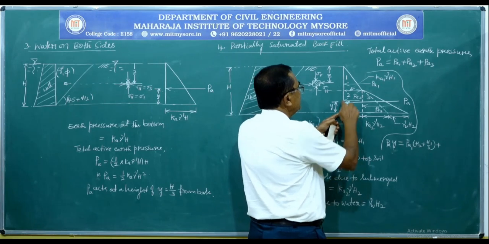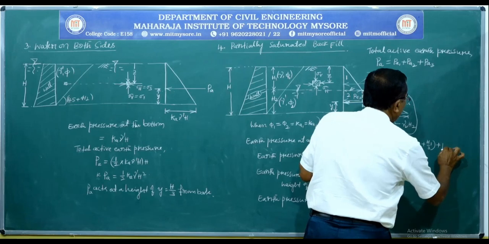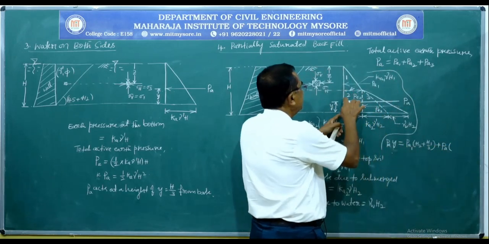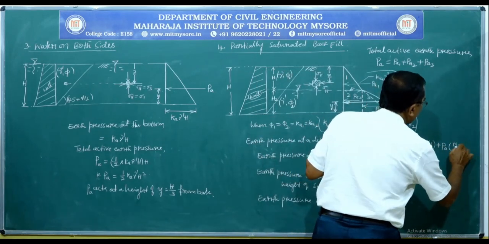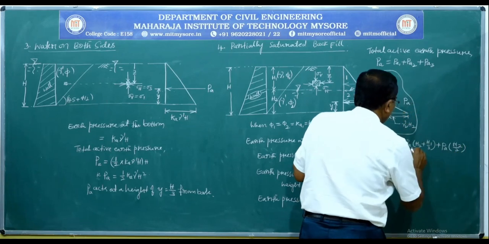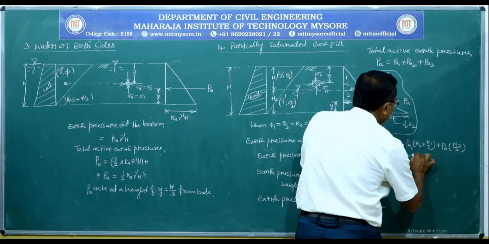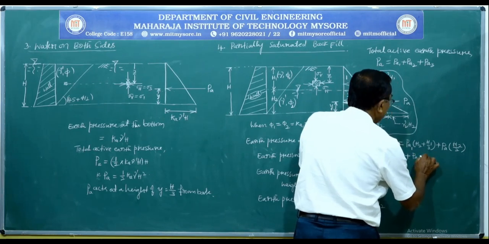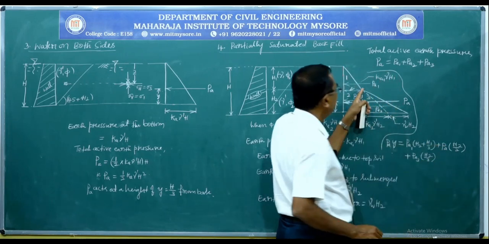From this toe, if you measure the distance as a coordinate system, then PA2 is multiplied by the height of the rectangle, H2 by 2, plus PA3 into H2 by 3, one-third of H2.